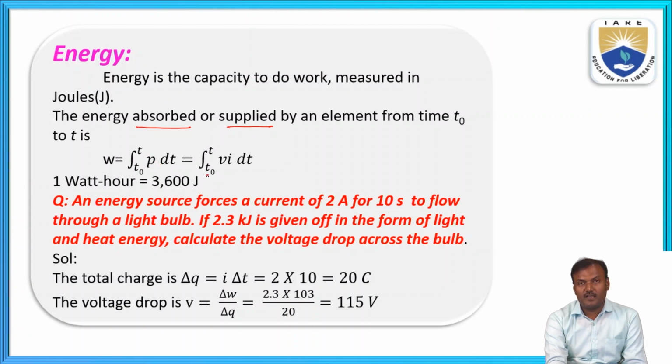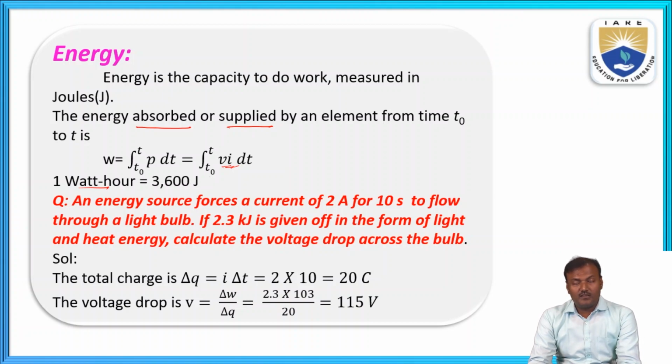It can be represented as the integral from t0 to t of vi dt, since power is the multiplication of voltage and current. And most of the time energy is measured in watt-hours. So 1 watt hour is equal to 3600 joules.